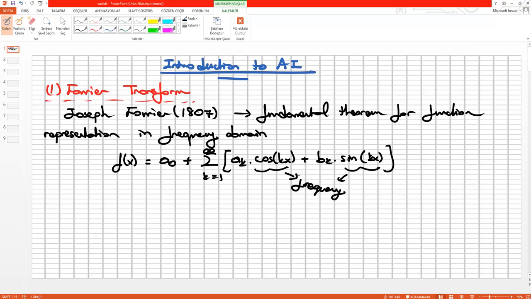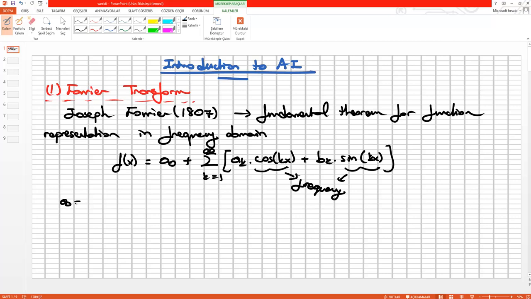Because if we have any data which is given in this function form, the equation form, we can create some frequency pattern or sequence pattern with the previous one or the next one. Okay? And so we can define the frequency characteristics like this.